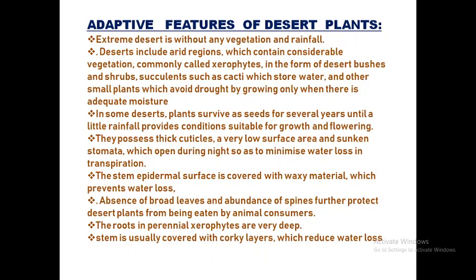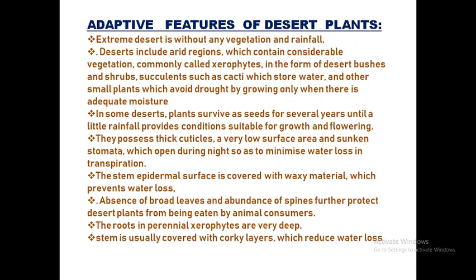A very low surface area, the leaf surface area or the lamina part, the broad leaf part is very less, so that they get very less space to transpire or to release the water.